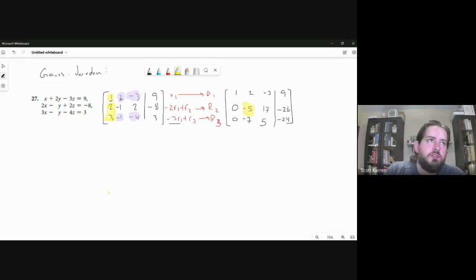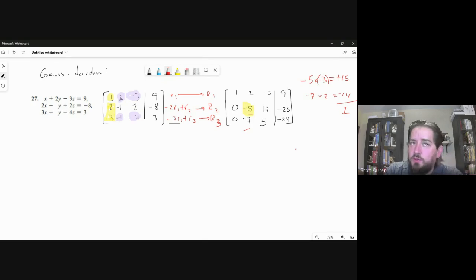And if I just note here that I'm dealing with a -5 and a -7, but -5 times 3 is -15. And then if I, instead of doing times 3, multiply it by a -3, that's now a +15. And if I take this -7 and multiply it by 2, that's -14. And if I add those two things together, that gives me 1.